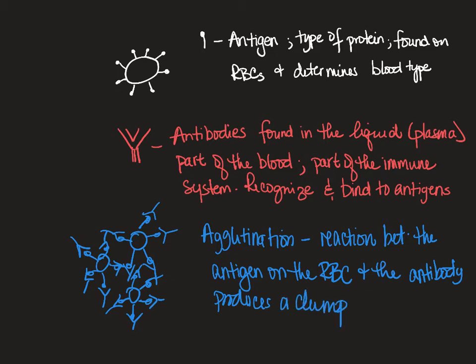And actually, this is a great thing because if it weren't for the fact that antibodies and antigens naturally clump up when they correspond with each other, we wouldn't be able to blood type. So this is the basis of our ability to tell someone's blood type.